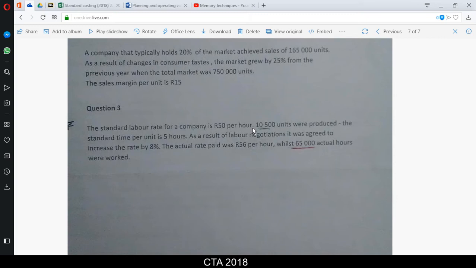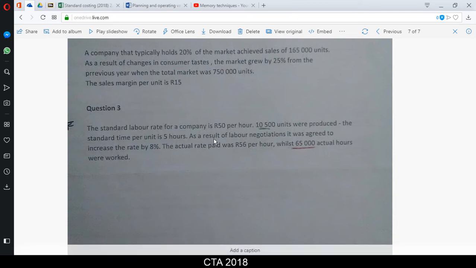So that is the standard rate. 10,500 units were produced. Those are the actual units produced. The standard time per unit is 5 hours. So the standard efficiency for this direct labor is 5 hours, meaning per unit they should spend 5 hours.